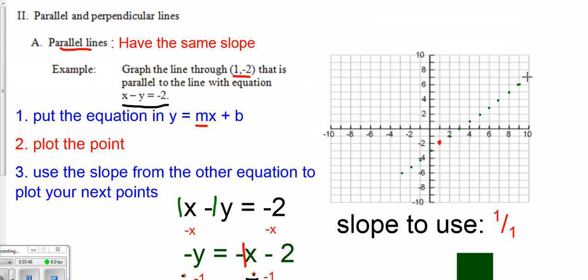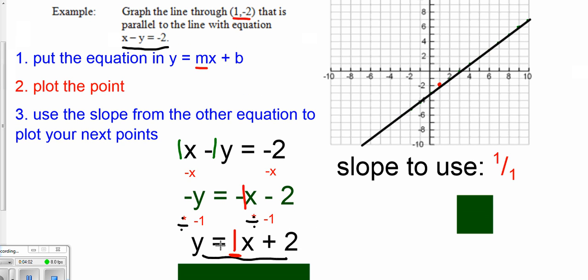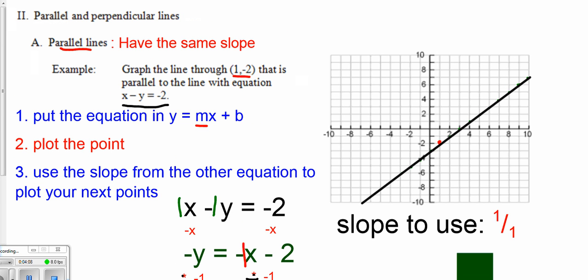Then, to graph it, after we made some points there, we just connect all of our points with a straight line, and there you have it. So it goes through this point, 1, negative 2, and it is parallel to that line y equals 1x plus 2. If you wanted to check y equals 1x plus 2, you could plot that out.